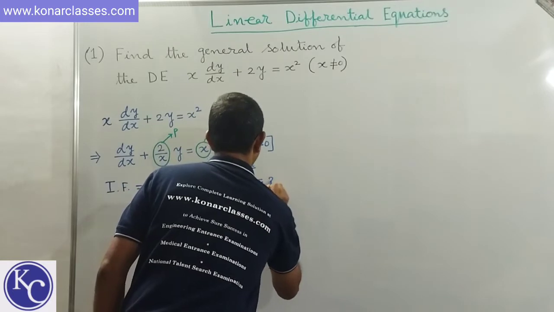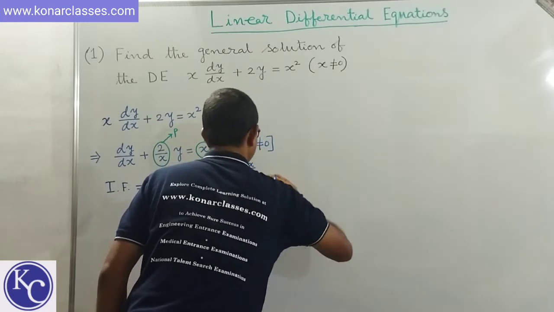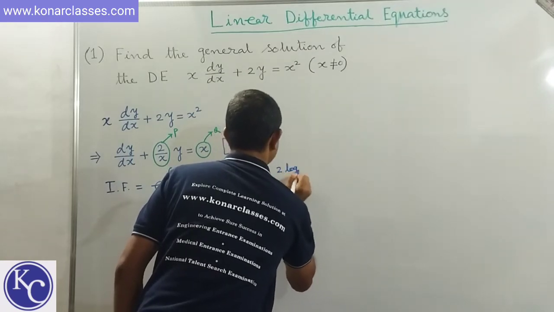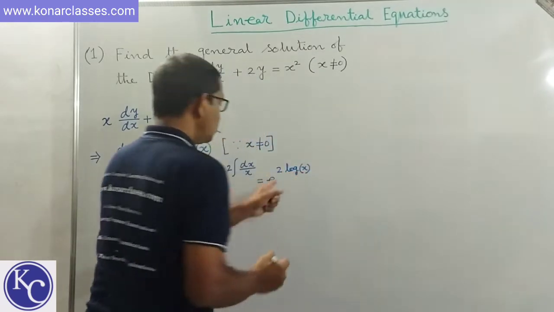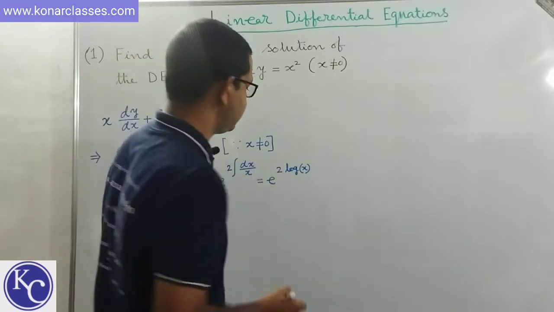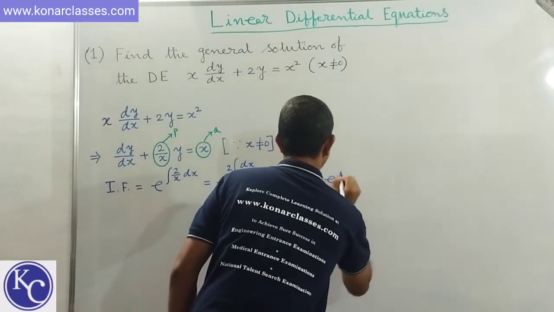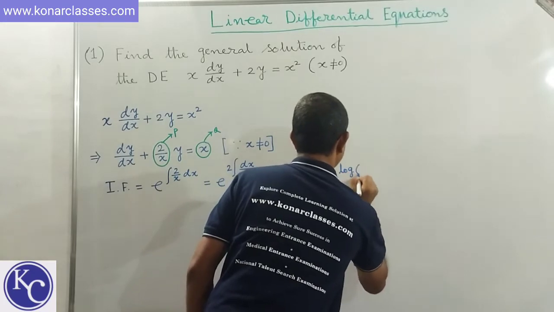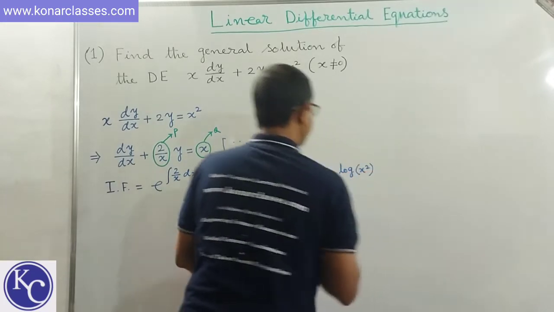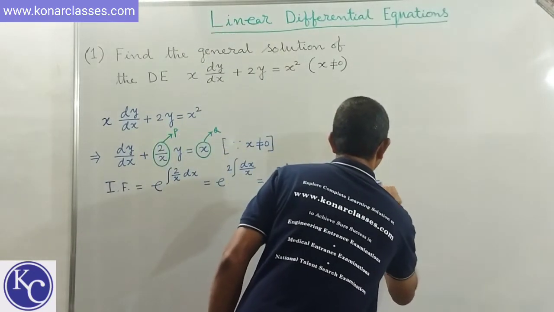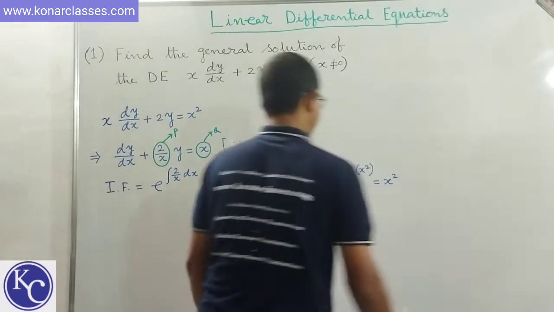So that is equal to e power 2 into log x. Okay, 2 log x is equal to log x square, from the properties of logarithm. So e power log x square is nothing but x square, correct? So we get this is equal to x square.